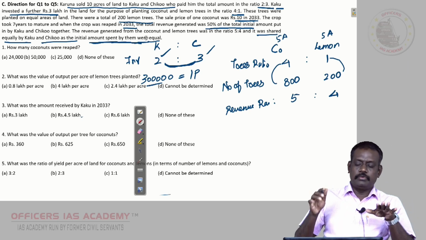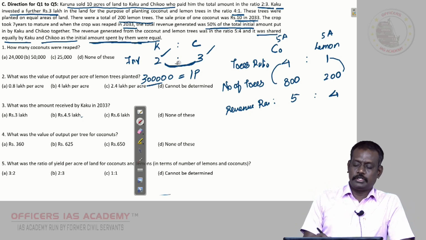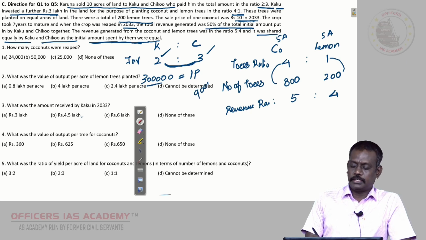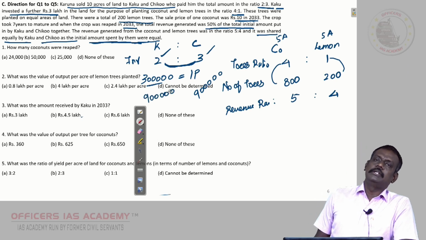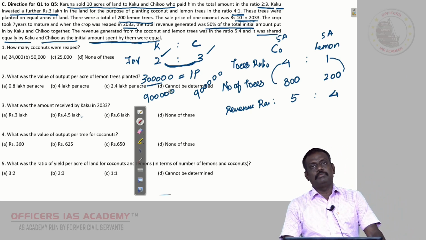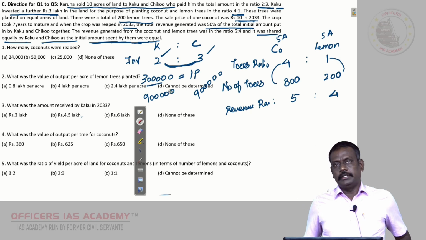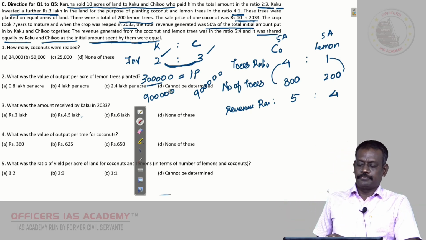He is spending this 3 lakh. So 1 part is equal to 3 lakh. So 3 parts will be 9 lakh rupees, 900,000. So it means Kaku has spent 9 lakh and Chikku has also spent 9 lakh. So totally 18 lakh rupees they have spent. Understood? Totally 18 lakh rupees they have spent.